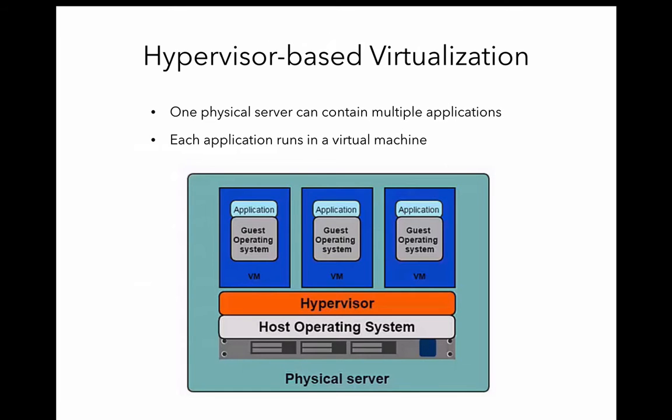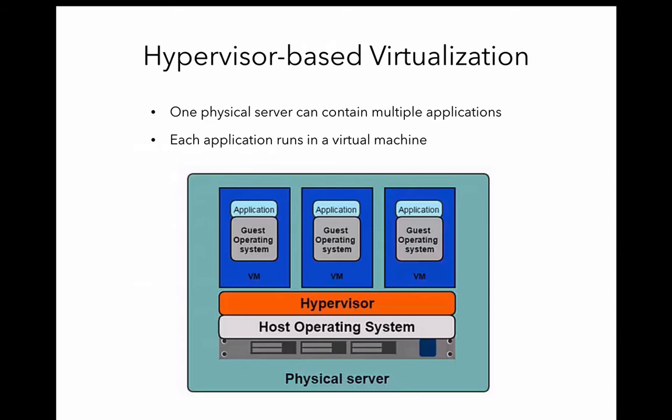To solve this problem, there came hypervisor-based virtualization. This means that you had one physical server, one physical machine, on top of which you can create various virtual machines. So as you can see in the diagram, you had this one physical server with the host operating system.